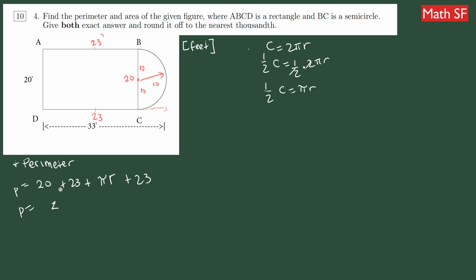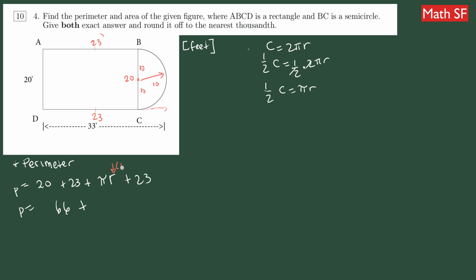43 so far. Well, 43 plus 23, what is that going to give us? I think that should give us 66. Let's double check that. 66. Yes, that should be 66. So I'm going to have 66 plus r, in this case 10.